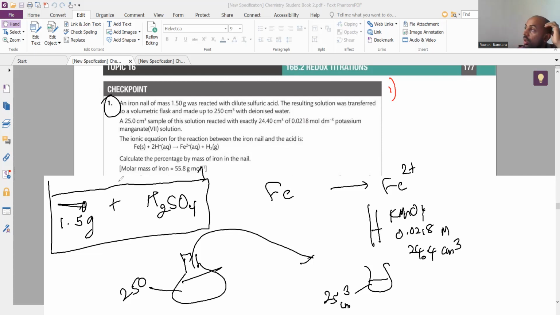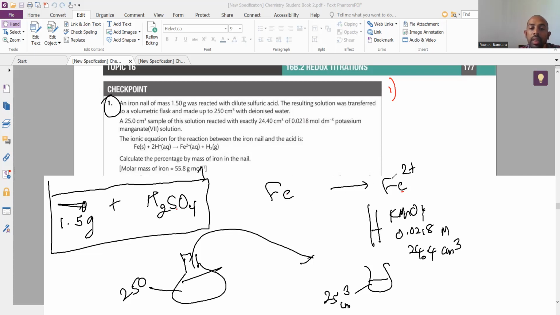Good. The most important thing in this kind of question is to identify what they have done, right? So here what they have done was they took an iron nail and dissolved it in sulfuric acid. The purpose of dissolving is to convert iron into Fe2+. So all the impurities and other things will not be converted.